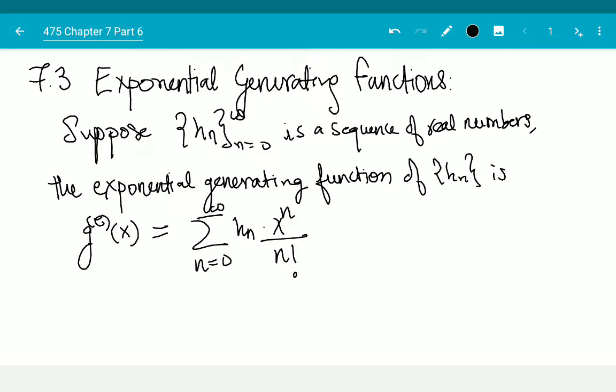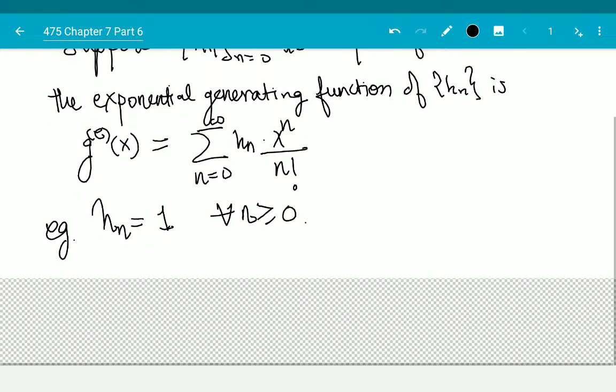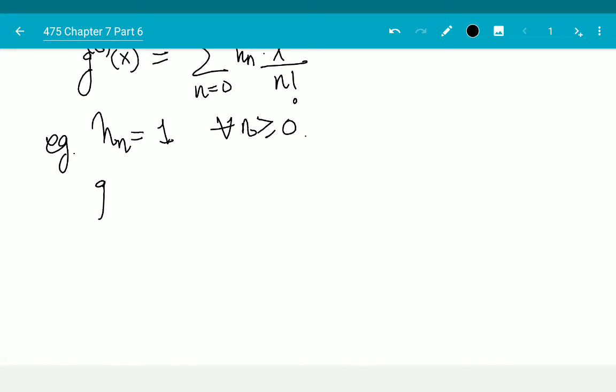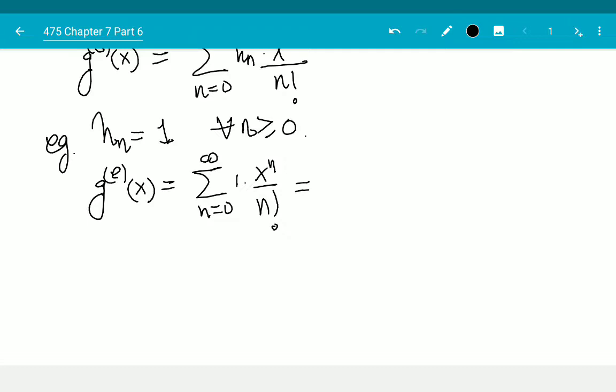Okay, and so why is this the exponential generating function? Because, for example, if I take h_n equal to 1 for every n greater than or equal to 0, then my exponential generating function g_e of x is equal to summation n equal to 0 to infinity of 1 times x to the n over n factorial, which, if you have seen this before, is exactly equal to e to the x.